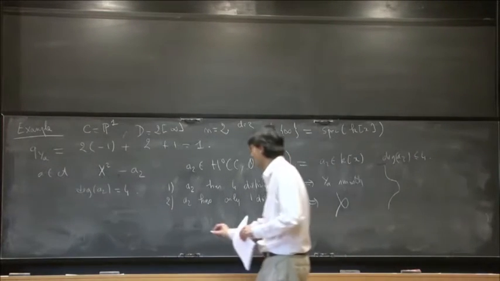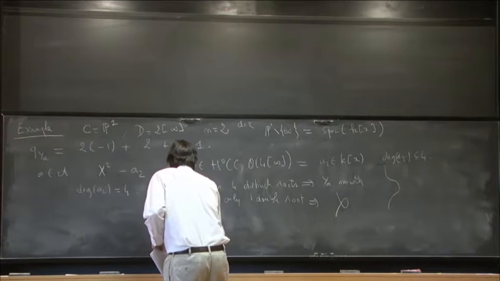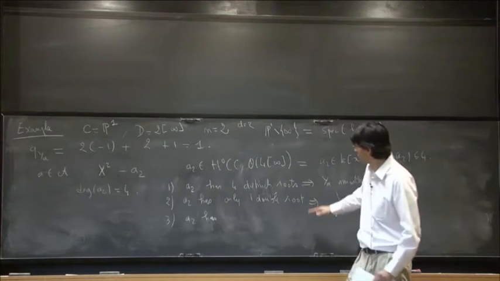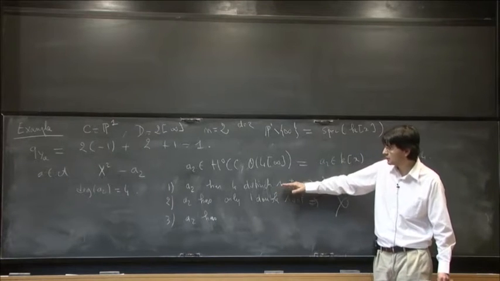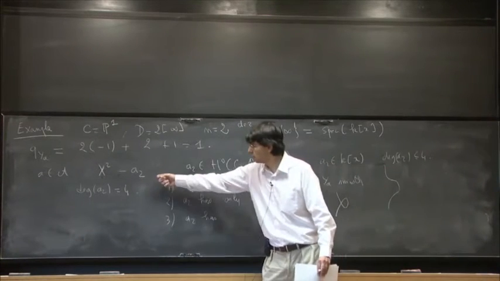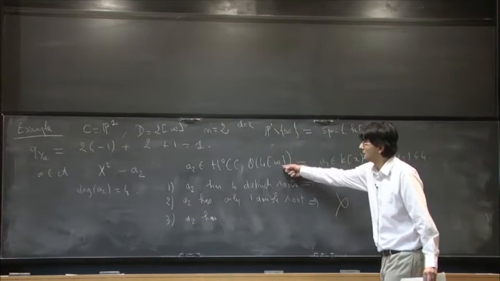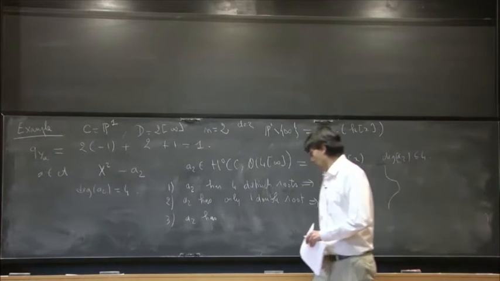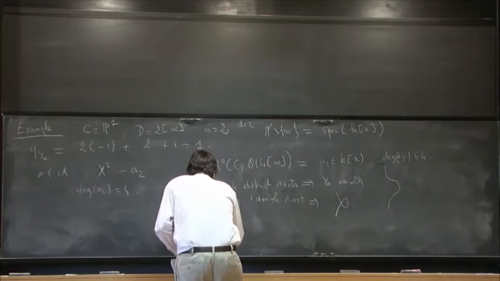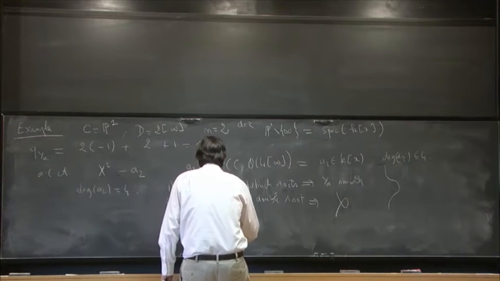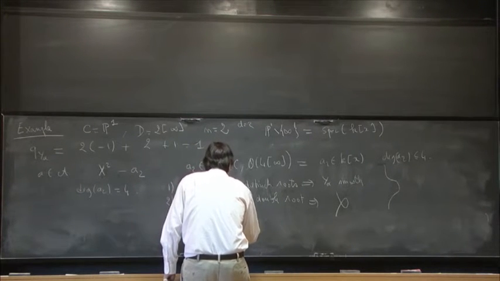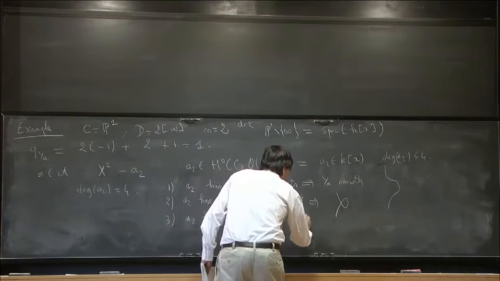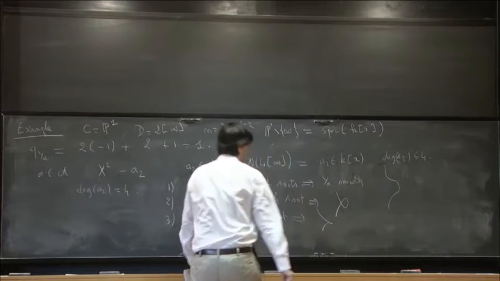And for example, to have 4 distinct roots is an open condition on this space. So you get the smooth locus. If a2 has one triple root, then we get a cusp singularity.